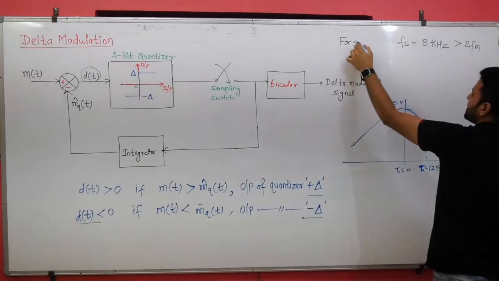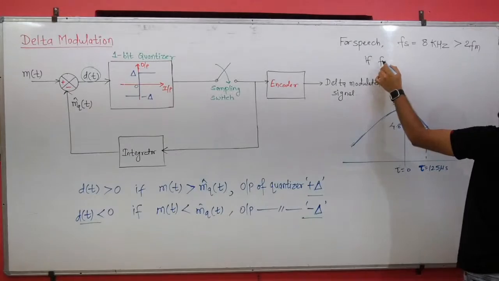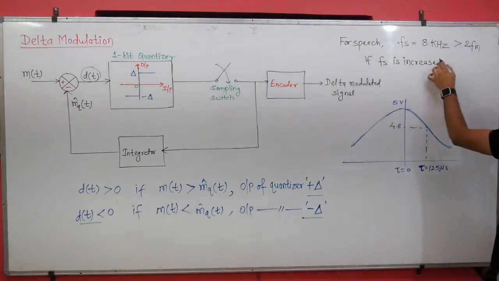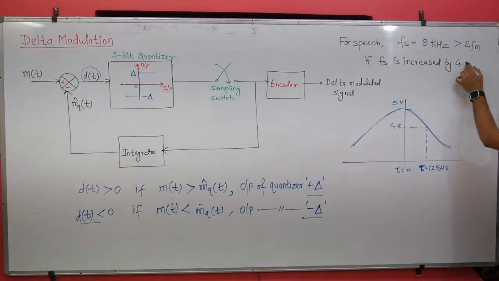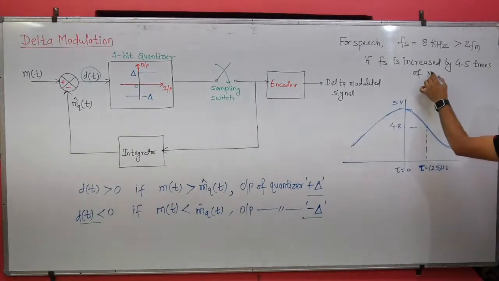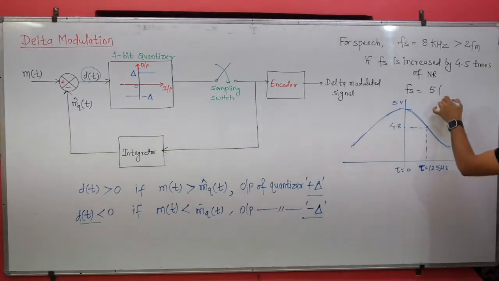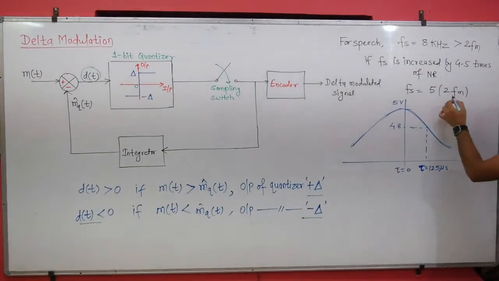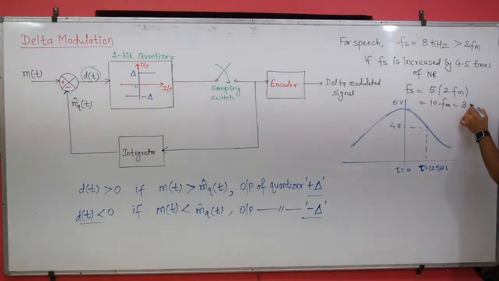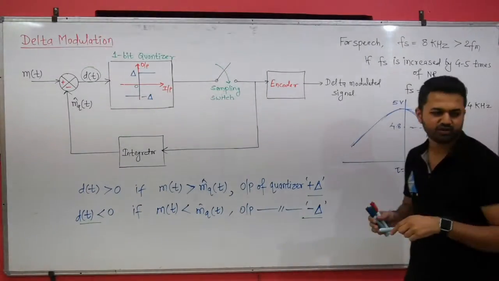Now we are saying that if the sampling frequency is increased to 5 times the Nyquist rate, so it is 10 times the message signal frequency, that means it is 34 kilohertz. Is it clear or not? Tell me.